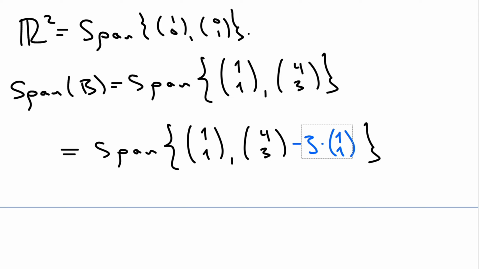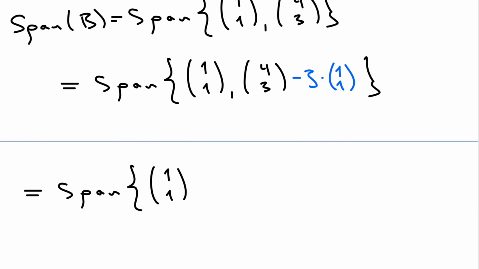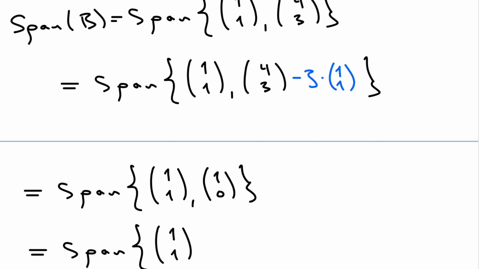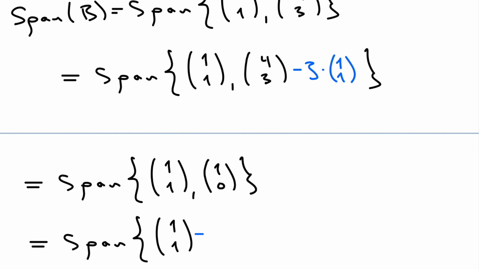Because this is equal to (-3, -3), and adding it to this gives me 4 minus 3 is 1, 3 minus 3 is 0. Okay, but I'm trying to obtain this. So now I can use the same trick again. So now let's take span (1, 1) minus 1 times (1, 0). Technically, I'm doing Gaussian elimination on the vectors.